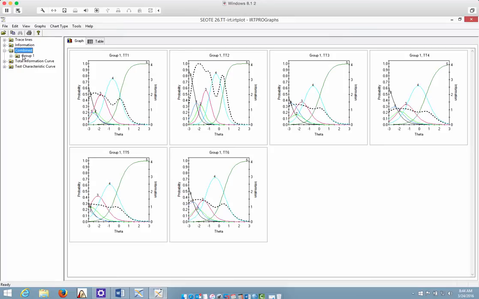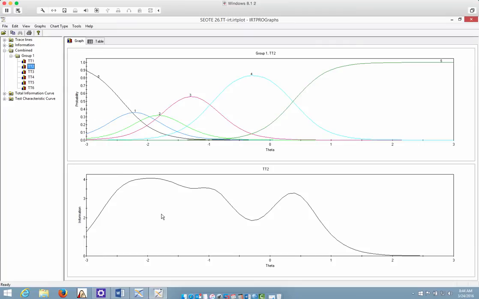And that's the combined, and it shows us them together. So we have a lot of options here. We can look at them separately or we can look at them together.